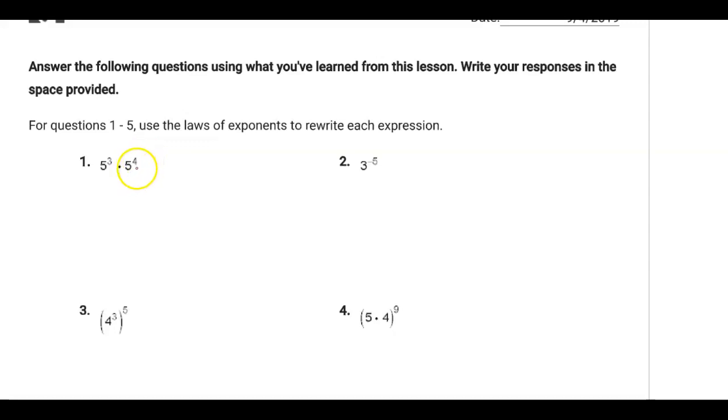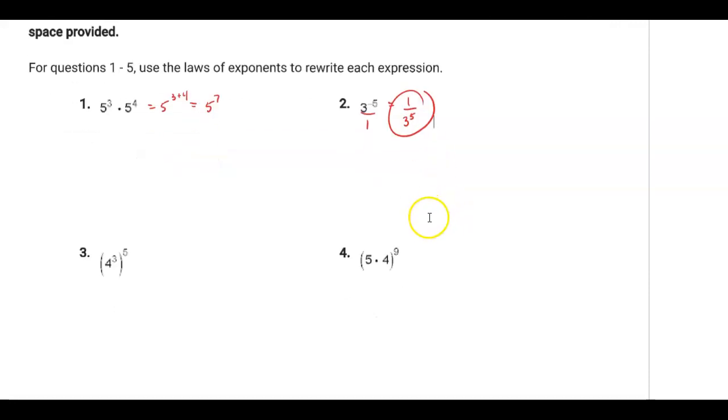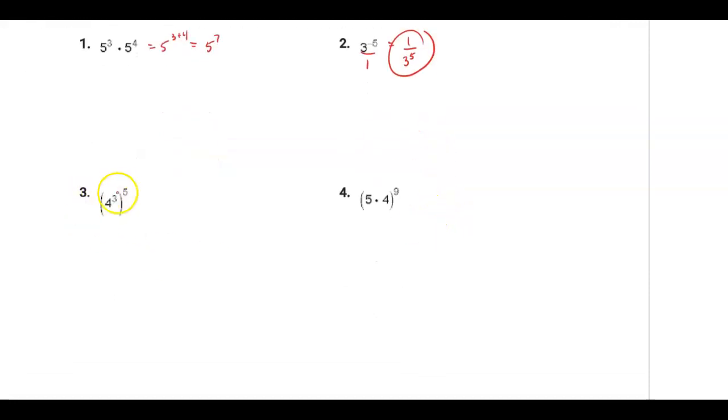Using the laws of exponents, this is going to be 5 to the 3 plus 4, which would be 5 to the 7th power. When I look at this, since it's in the numerator and the exponent's negative, I would make this 1 over 3 to the 5th power. The next one, I'm going to multiply these exponents to get 4 to the 15th power.